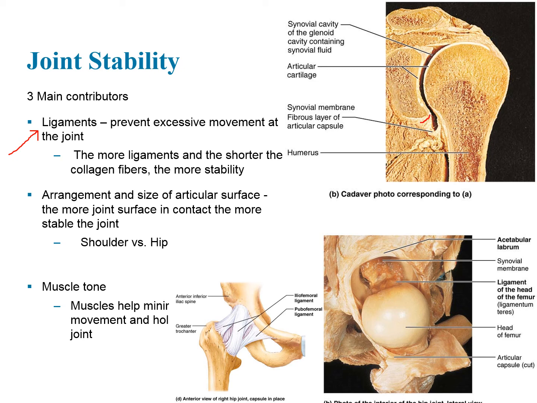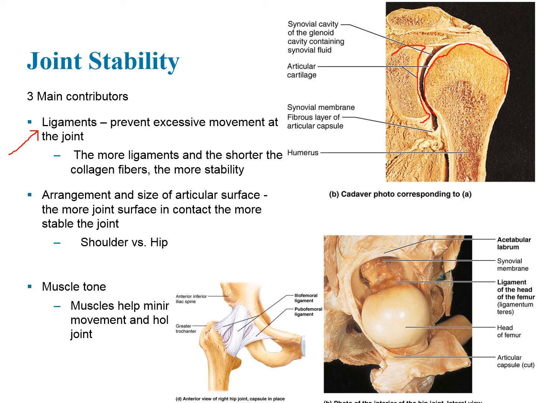This is the glenoid cavity from a scapula. This is the head of the humerus. So you can see that the head of the humerus is much larger than the glenoid cavity. This means that there's not very much articular surface in contact between the two. This means that the shoulder is going to be less stable and more prone to dislocation.